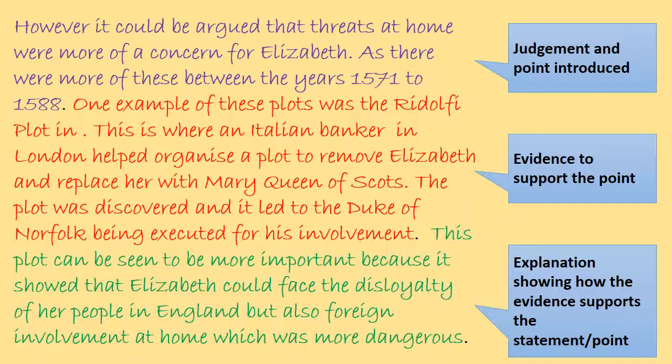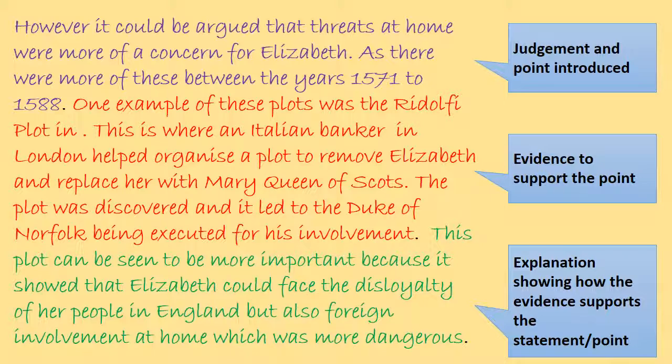So again, I've got a judgment and a point, I've got detail, and I've got my explanation. What I would then do is say another example of this would be the Babington or the Throckmorton plot, and I could go through those details and again talk about why those were significant, how it showed links back to the question.